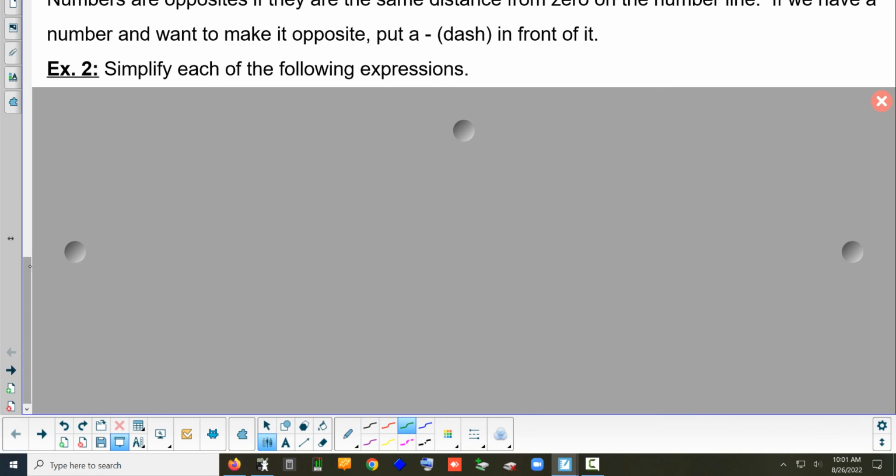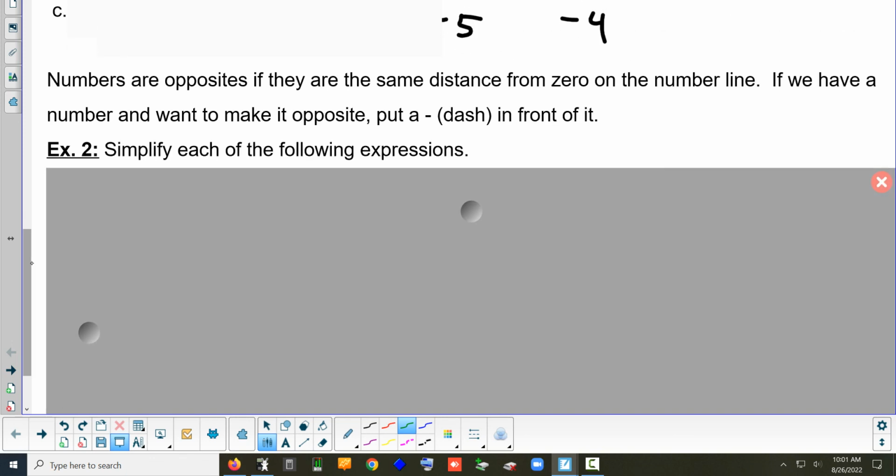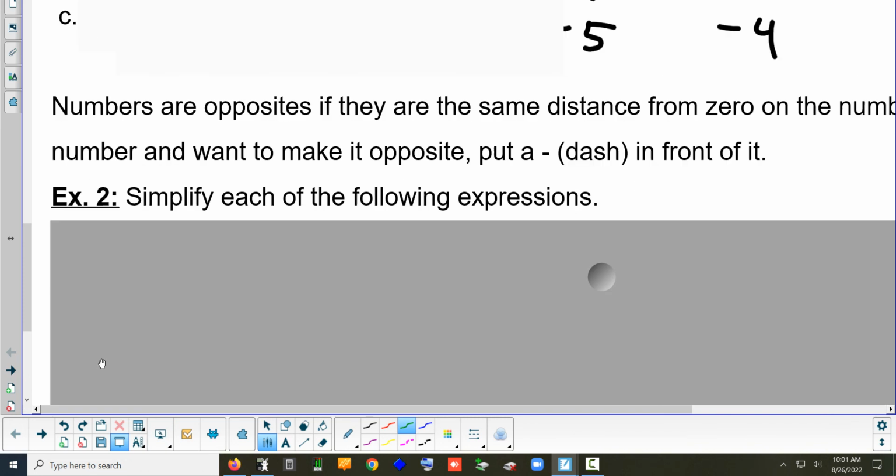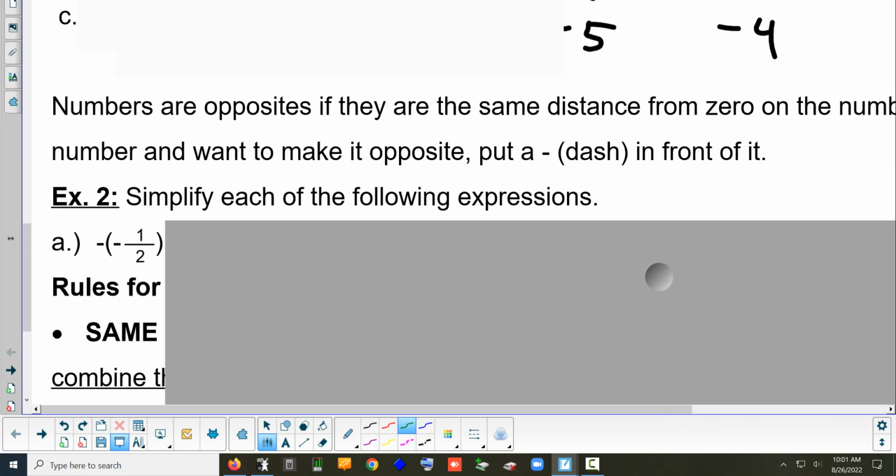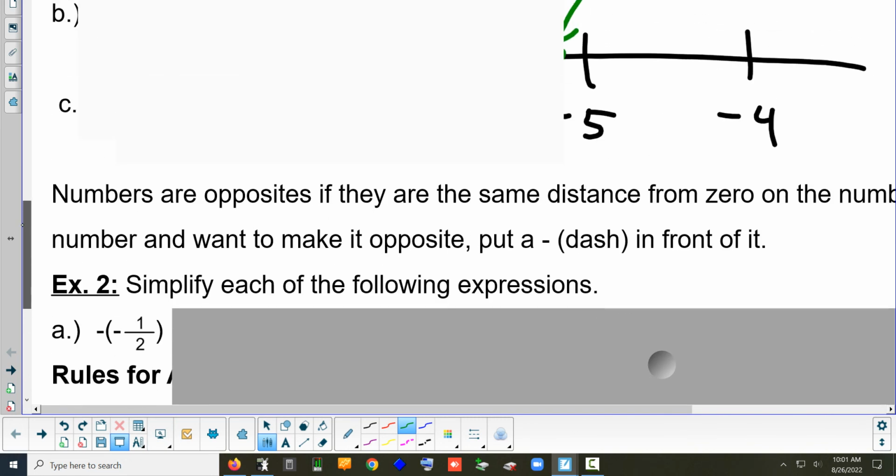All right. So example 2 says simplify each of the following. Let's start with that one. Example A says -(-1/2). So you could read that as the opposite of -1/2.